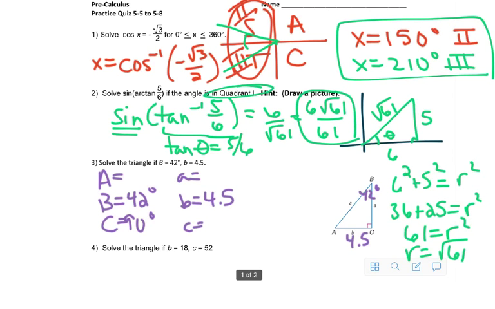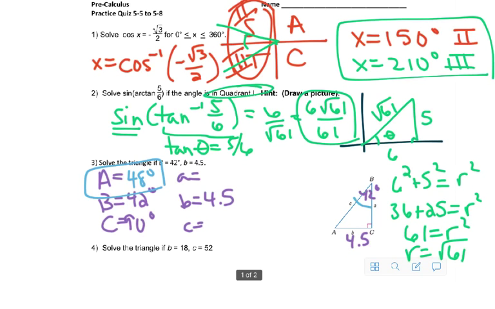And now you can find the missing angle first. So the easiest thing to find is angle A, which is 48 degrees. And then it doesn't matter if you find side A or side C. I'm going to find side A just because I work in alphabetical order.